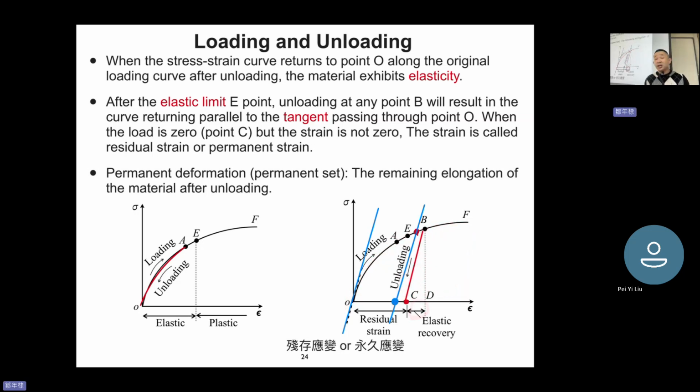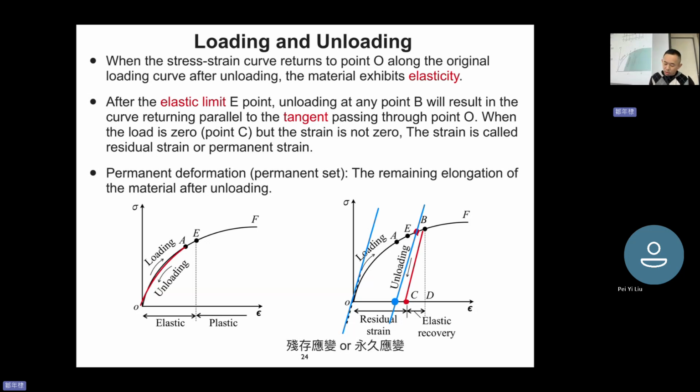This is elastic recovery, but the residual strain keeps pushing. It is called plasticity, because plasticity means the shape is changed forever.